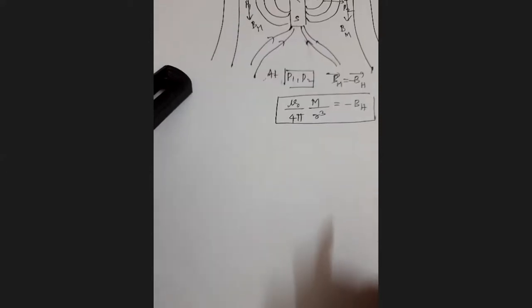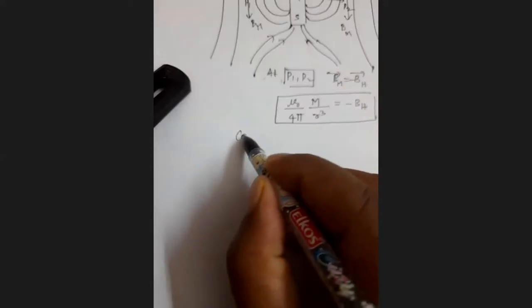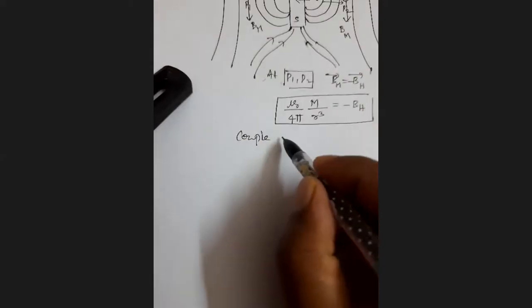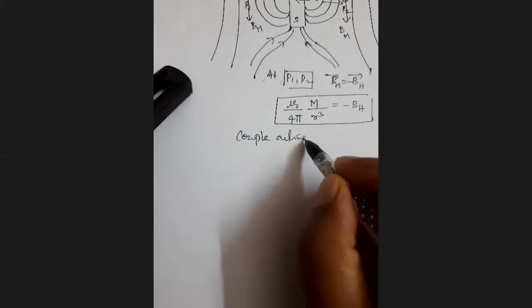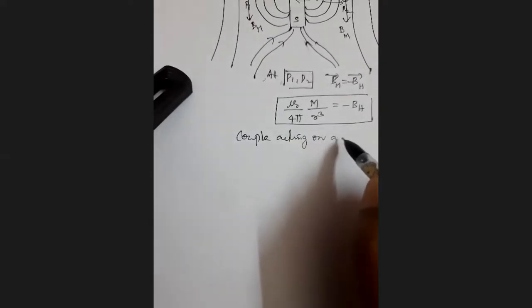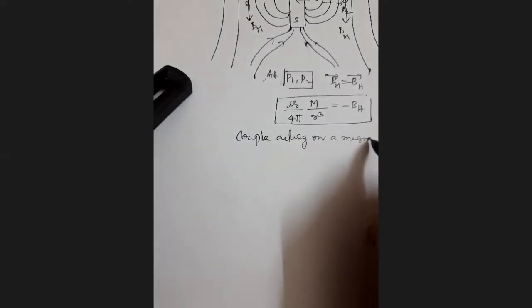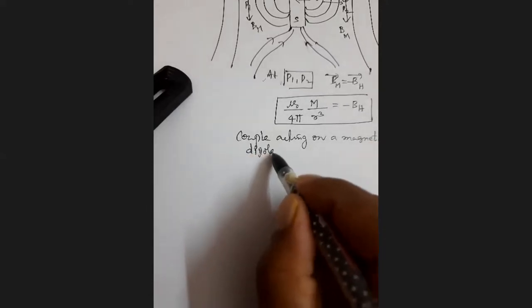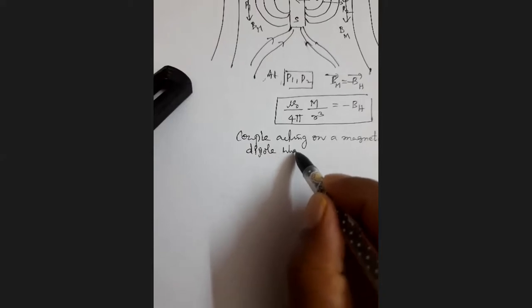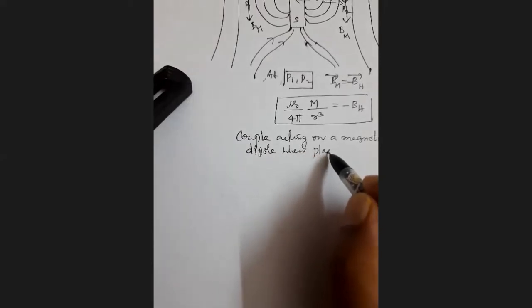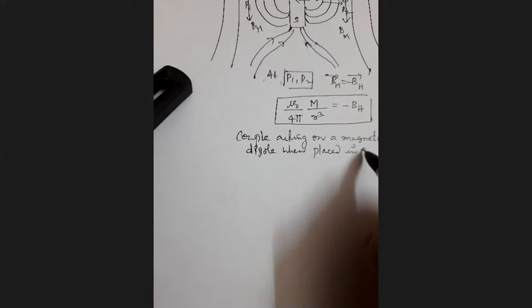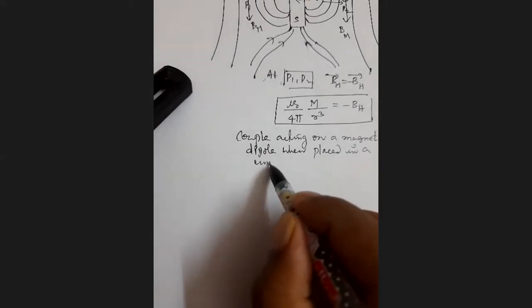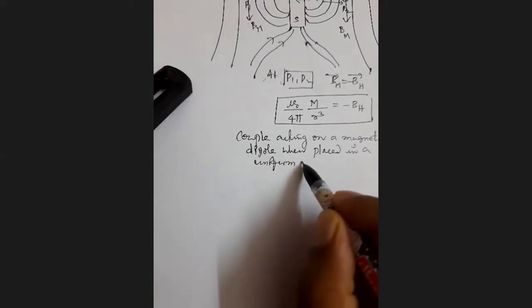The next concept is the couple acting on a magnetic dipole when placed in a uniform magnetic field.